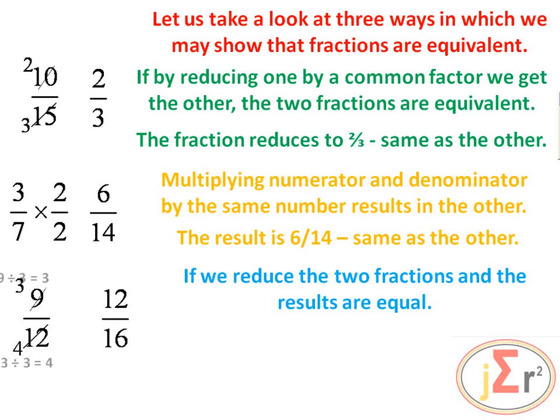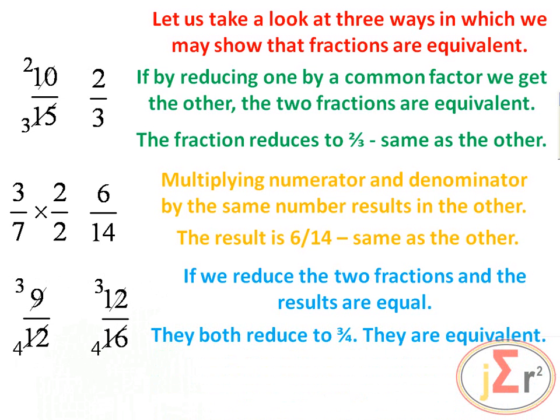So that fraction turns out to be 3/4. And according to Jerry, we need to reduce this one by a common factor of 4. 4 into 12 is 3, and 4 into 16 is 4. They both reduce to 3/4. They are equivalent fractions.